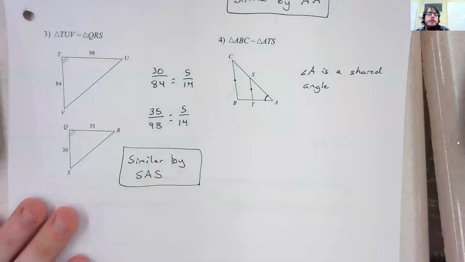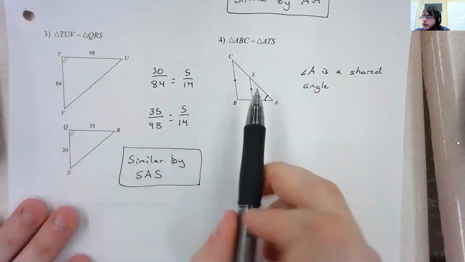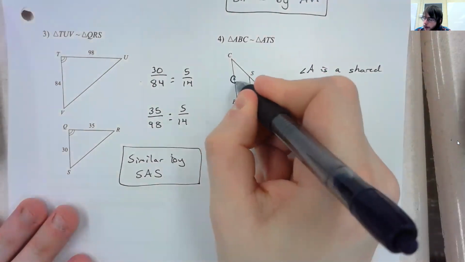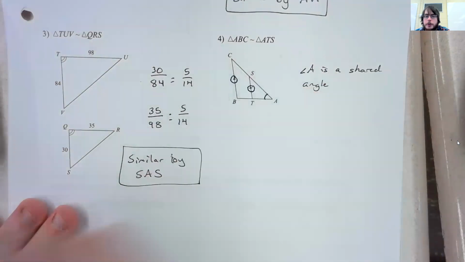Now, if we look at the other bit of information in here, we also see that we have some parallel lines here. Now, the way these parallel lines help us is we can determine if we have some other congruent angles based on the special angle pairs we learned about in parallel lines and transversals.